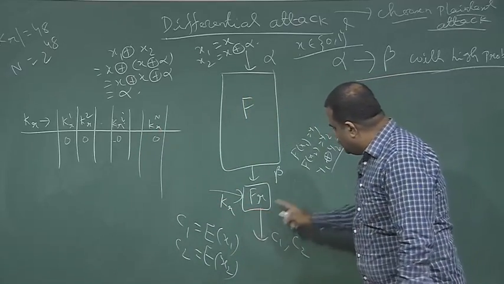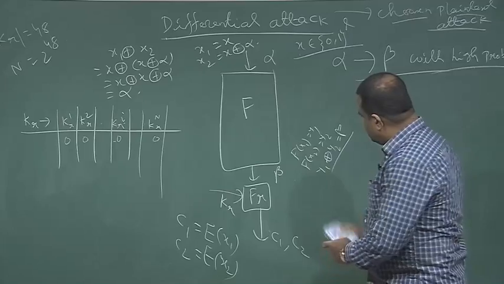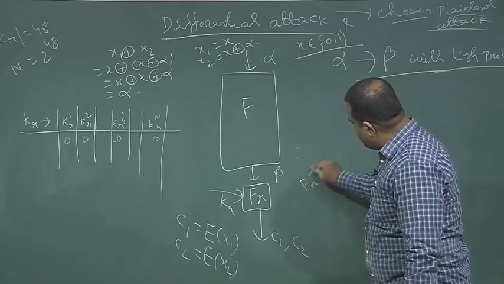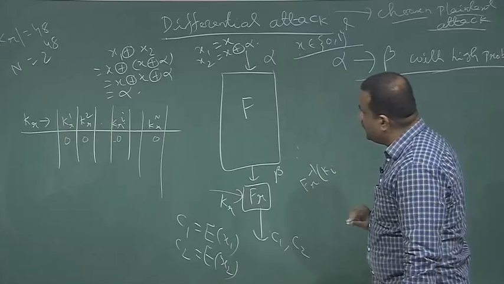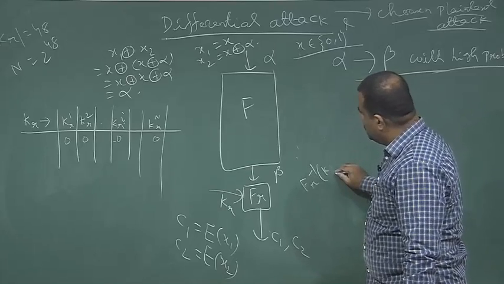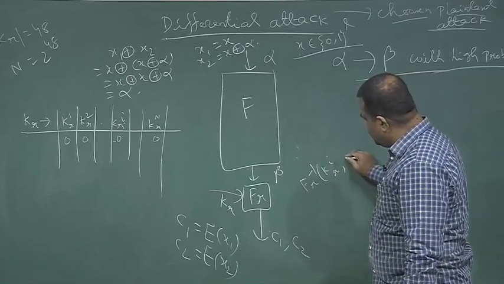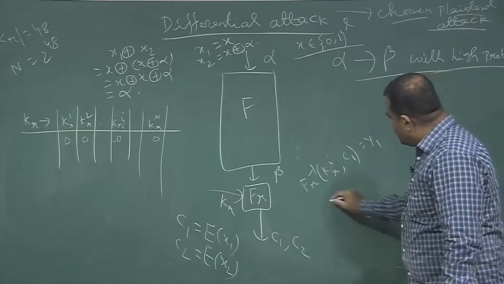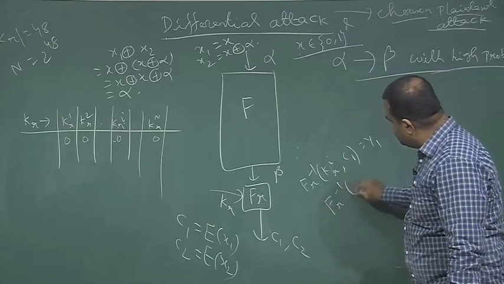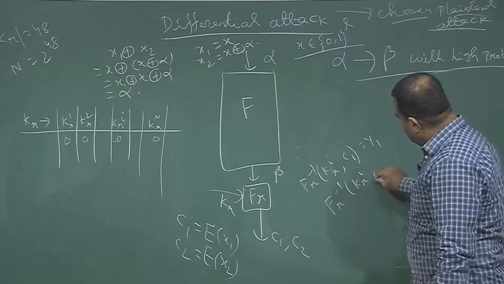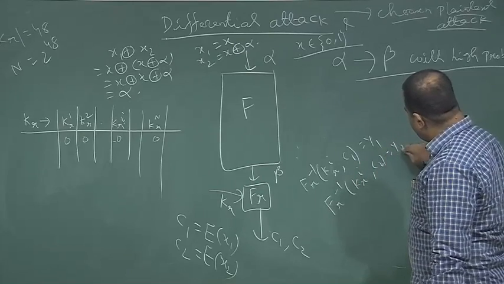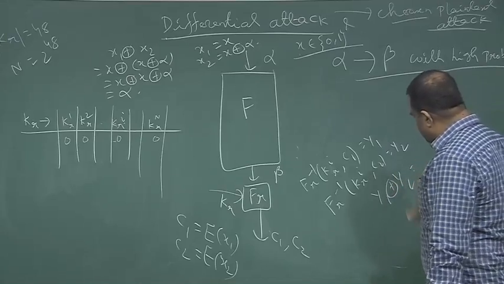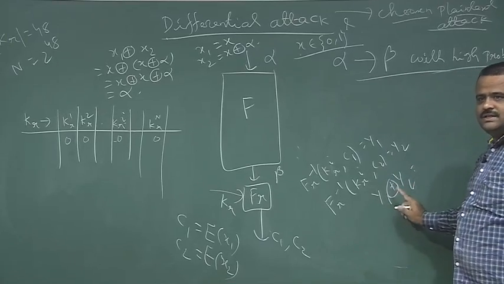With this key ki, we apply f inverse with ki on C1 and get some y1, and on C2 we get some y2. Now we look at y1 XOR y2 and check whether this is beta or not.